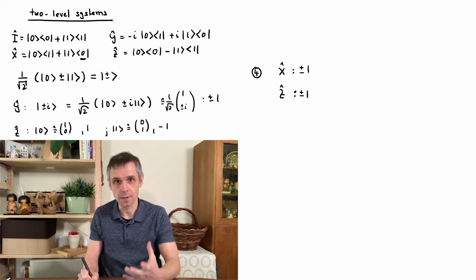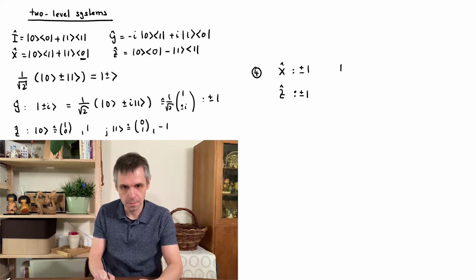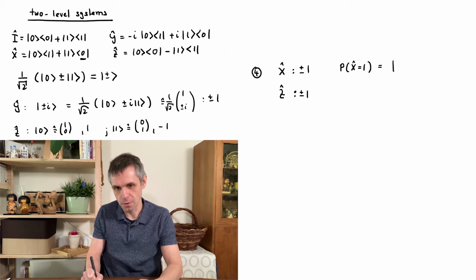And these outcomes occur with probabilities, where for instance the probability to observe the outcome 1 is obtained by taking the absolute value squared of the scalar product between the state of the quantum system and the corresponding eigenstate. So the state plus here. So this would be the absolute value squared of this complex number.